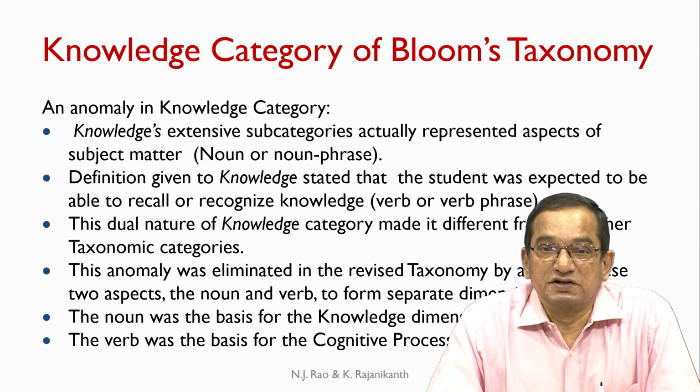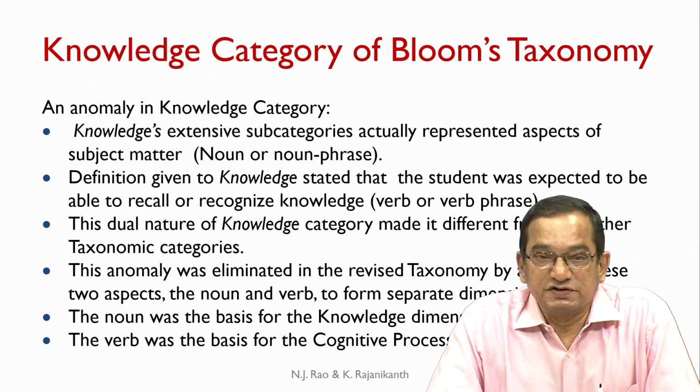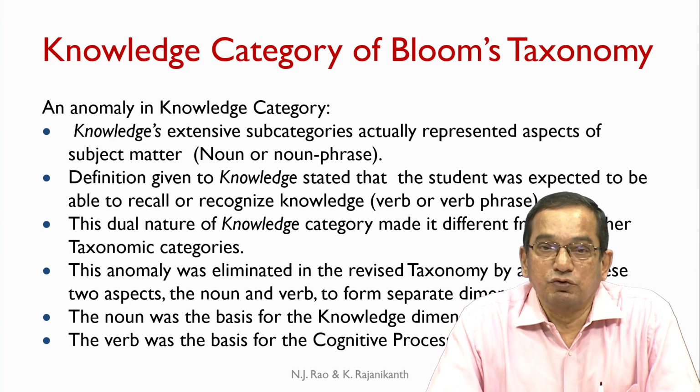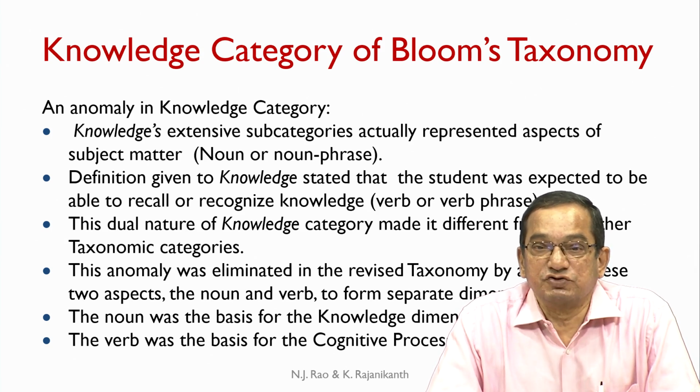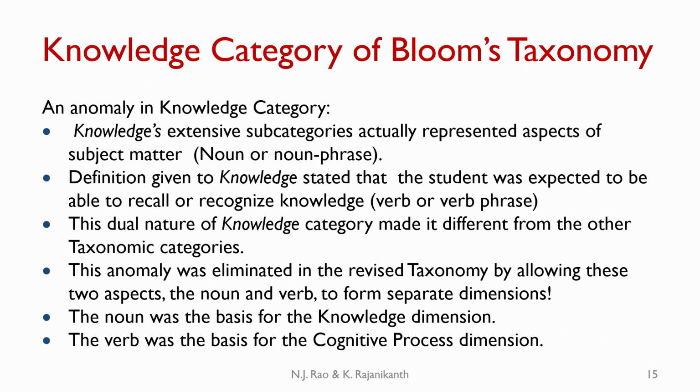The definition given to knowledge stated that the student was expected to be able to recall or recognize knowledge. This is a verb or verb phrase aspect. Thus, the knowledge category actually had two aspects: the noun or noun phrase, which indicated aspects of the subject matter, and the verb or verb phrase, which indicated what was to be done with the subject matter.